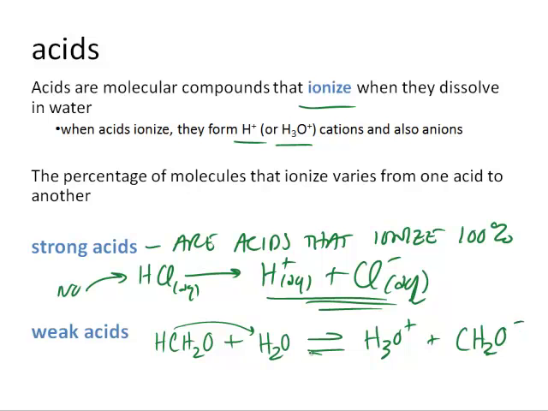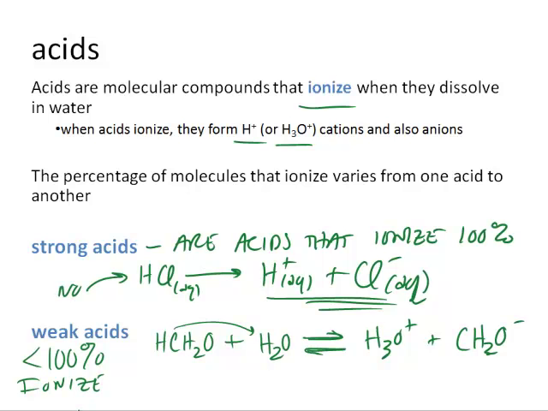Notice that we drew back and forth arrows to indicate equilibrium because weak acids ionize less than 100%, often much lower than 100%, a percent or less. So we have some formic acid in solution and some formate ions in solution. We have both, so we have to indicate that we're at equilibrium eventually with both of these species.